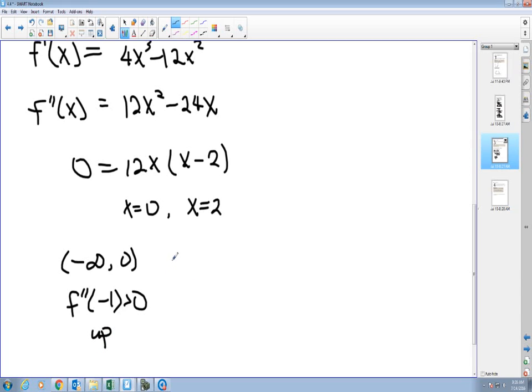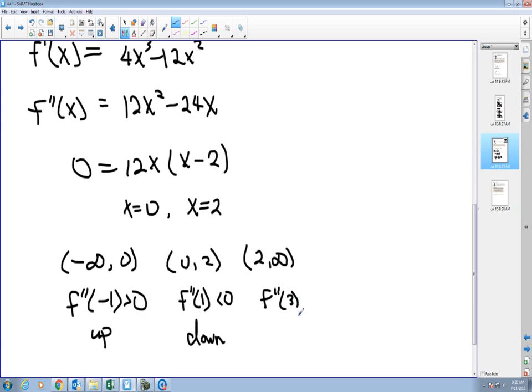Between the interval from 0 to 2, use f double prime of 1. It's going to be negative, so I'm concave down. From 2 to infinity, f double prime of 3 will be positive. So that means concave upward.